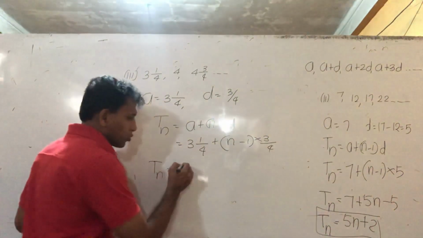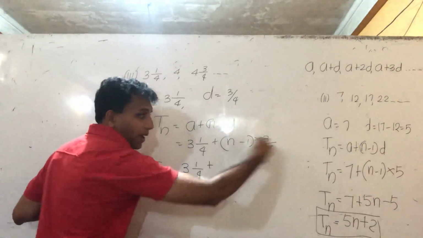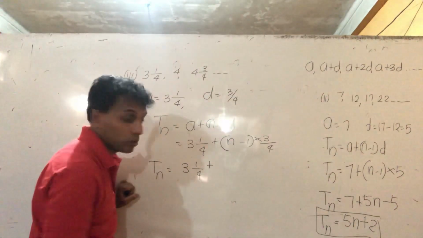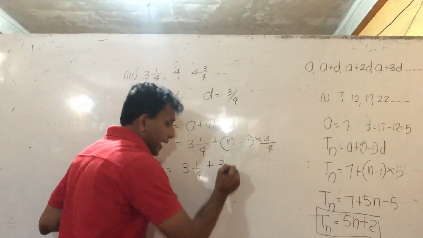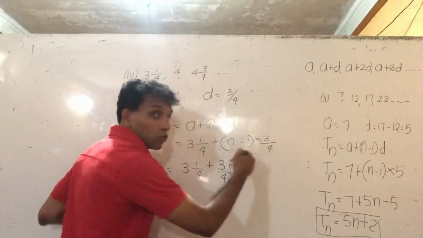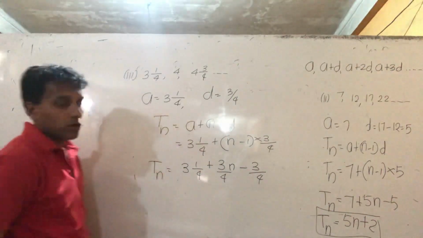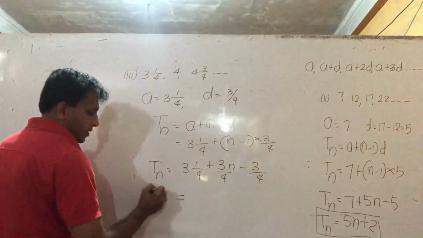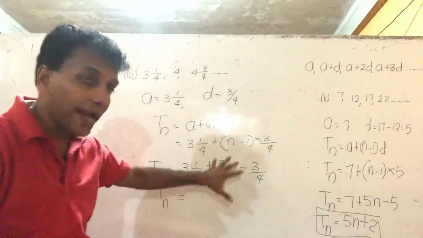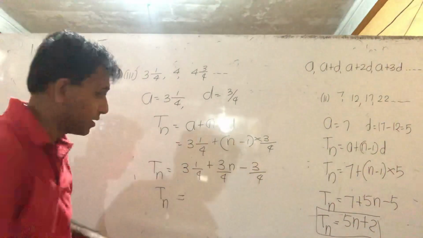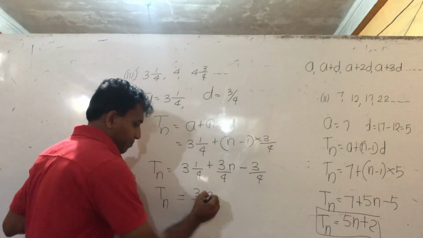3/4 multiplied by 3/4. 3/4 times n, 3/4 n, minus 1 times 3/4, 3/4. So what is the answer? What is your nth term? I said always write the n part first. Write the n: 3/4 n.